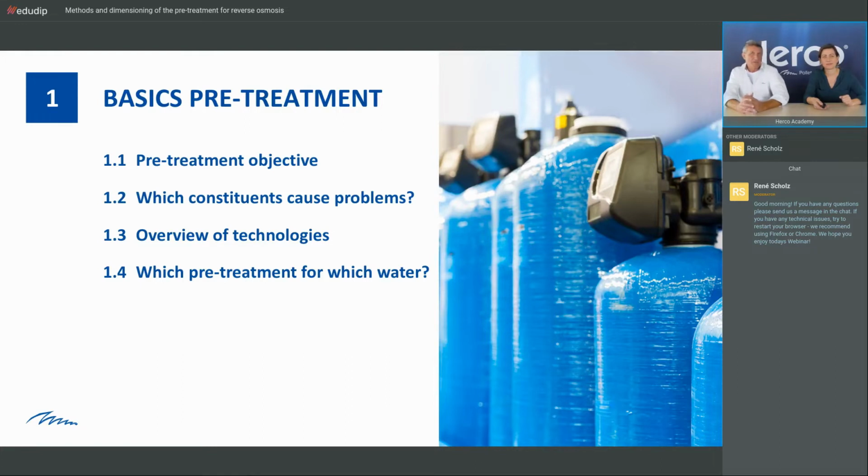Pre-treatment objective would be one of the parts we want to give you a presentation of. Which constituents cause problems? We had seen a lot of things on the previous webinars about that. The overview of technologies and which pre-treatment for which water, which is also very interesting for everybody of ours, just to see what is important.